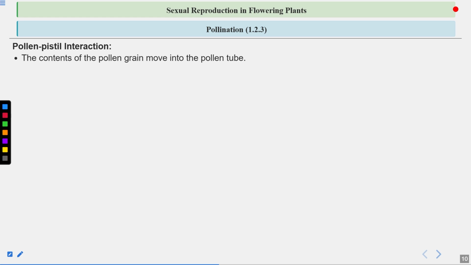So multiple pollen tubes could reach the multiple ovules. But for one particular ovule, there will be only one pollen tube that emerges inside the embryo sac. Is it clear?